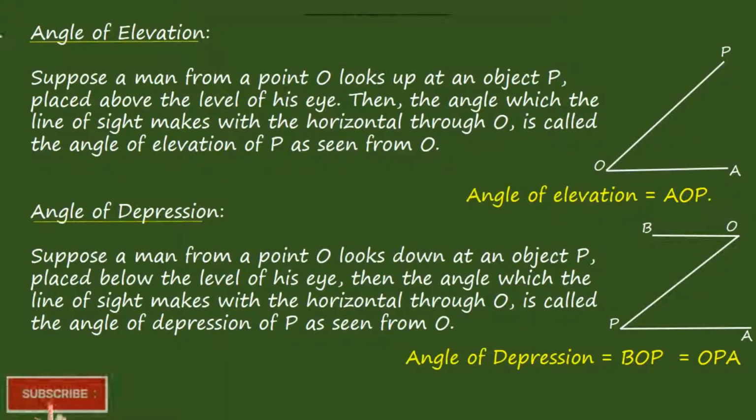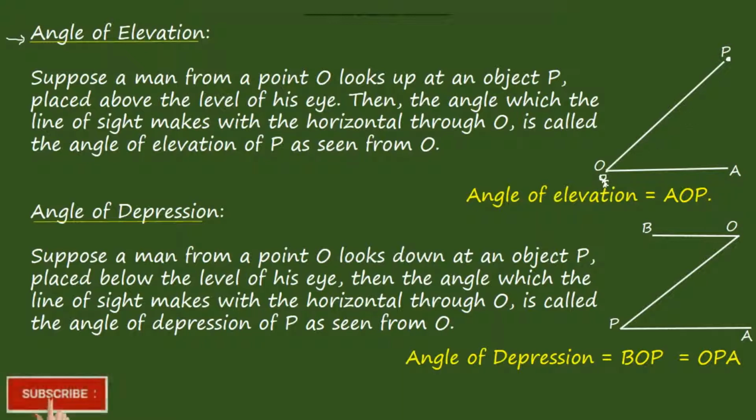Now coming to the angle of elevation and angle of depression. First I will explain angle of elevation. I will consider straight lines here, OP and OA. If a person is standing at a point O, and he is looking at the object which is placed at a point P, then he would be looking above the level of his eye, right?